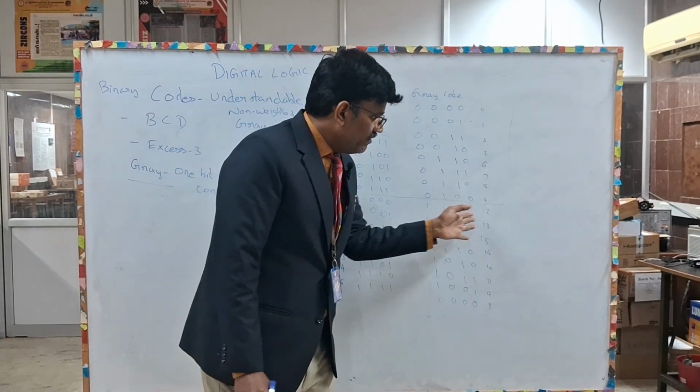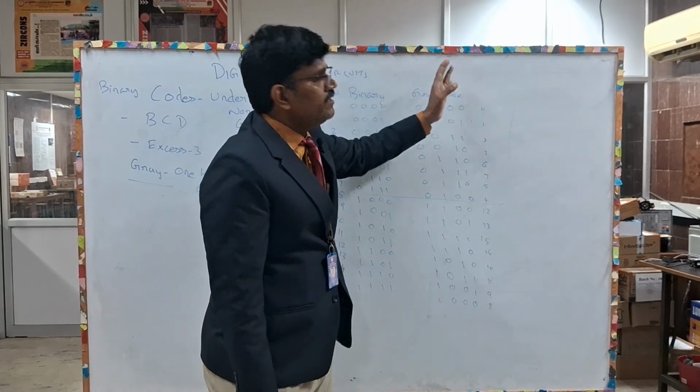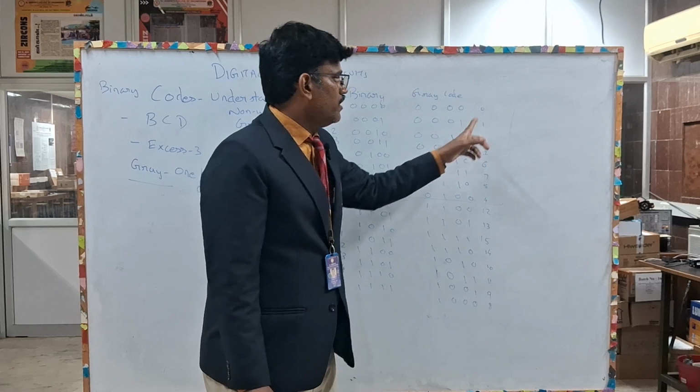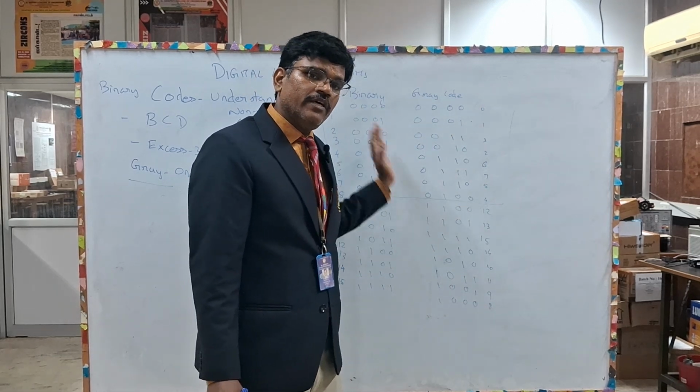And when you try to have the weightage, actually gray code is a non-weighted code. So when you take the weight and check how it is going to be available, it is going to be available like this. So this is how we are trying to have this gray code.